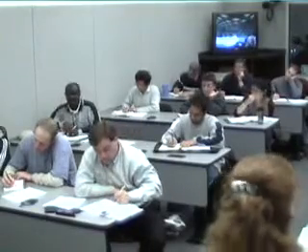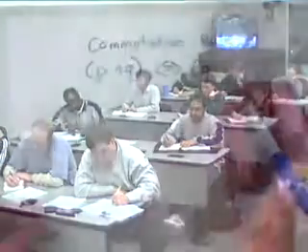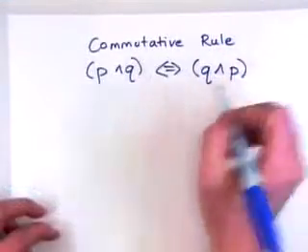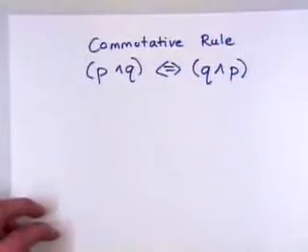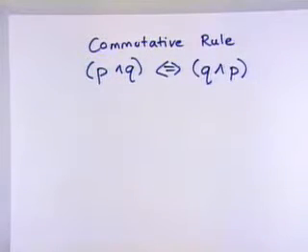Changing the places. So commutative is going to say that P and Q is the same or logically equivalent to Q and P. So we do that in our heads automatically. Like if I see 2 plus 3, I know that's the same as 3 plus 2. Because addition and multiplication are commutative.